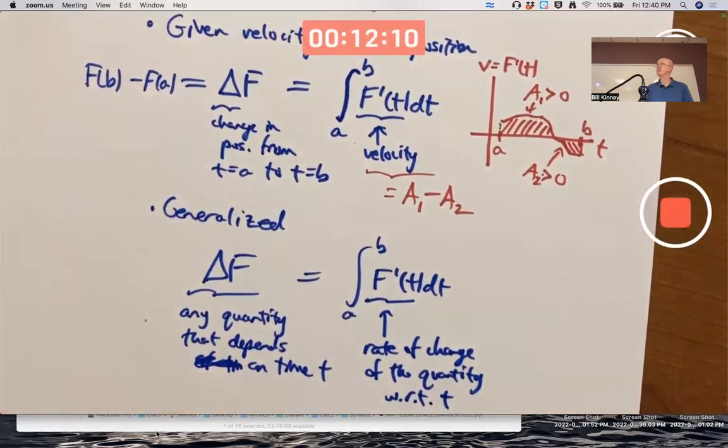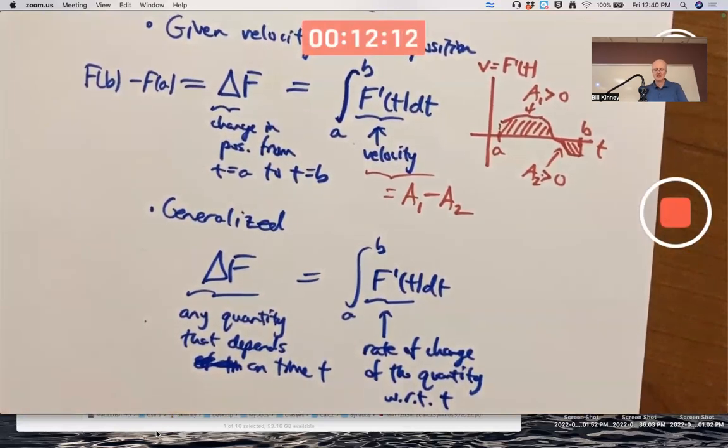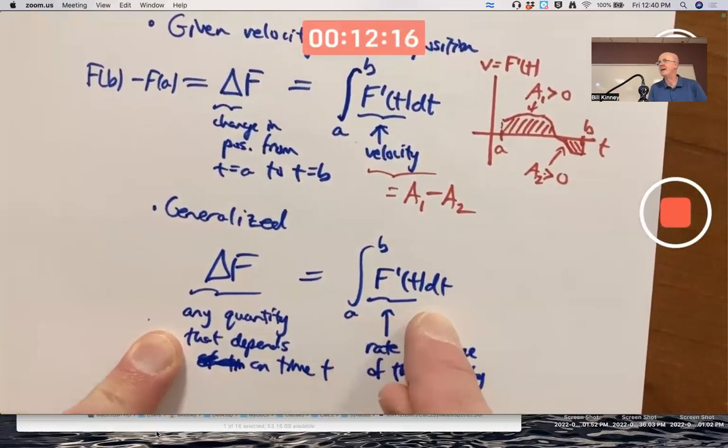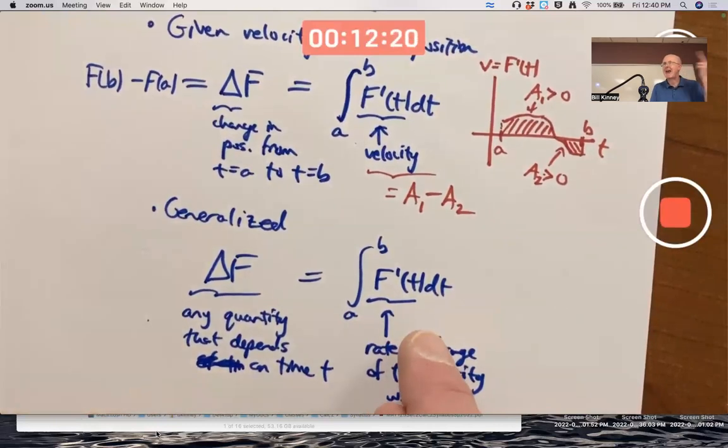And there are plenty of other applications. Change in the amount of money in an account is the integral of the flow rate of money, the cash flow. For a company as big as Amazon, it might be billions of dollars per day. Might be their cash flow, $2 billion a day.